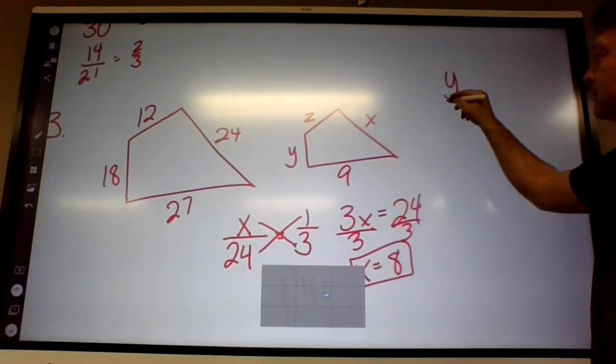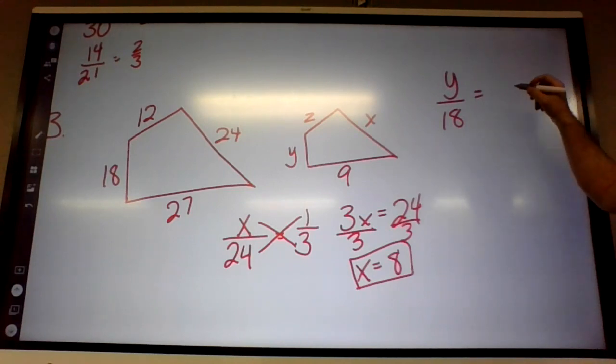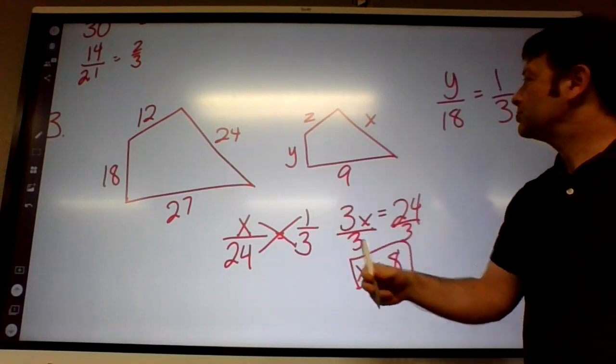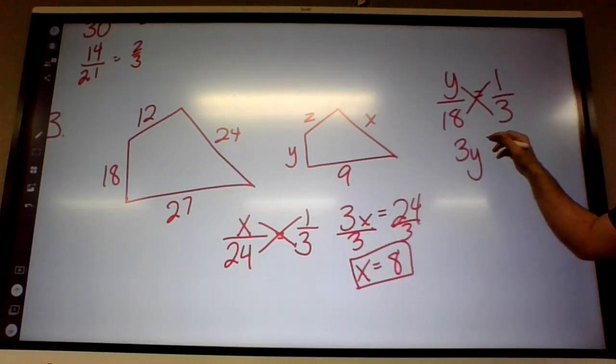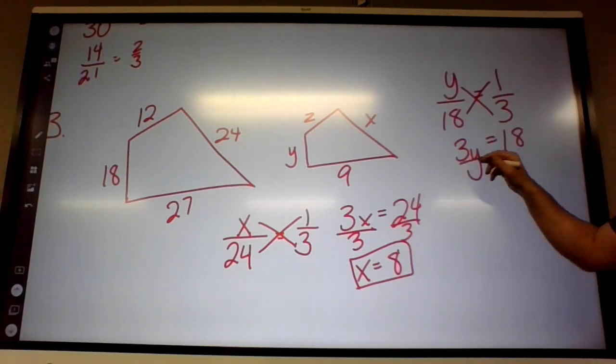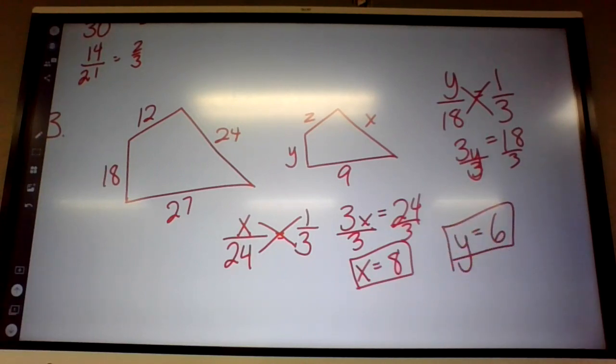Y over 18 equals 9 over 27. So then you would cross multiply and get 3y and 18 divided by 3. 6. Okay, somebody else z?